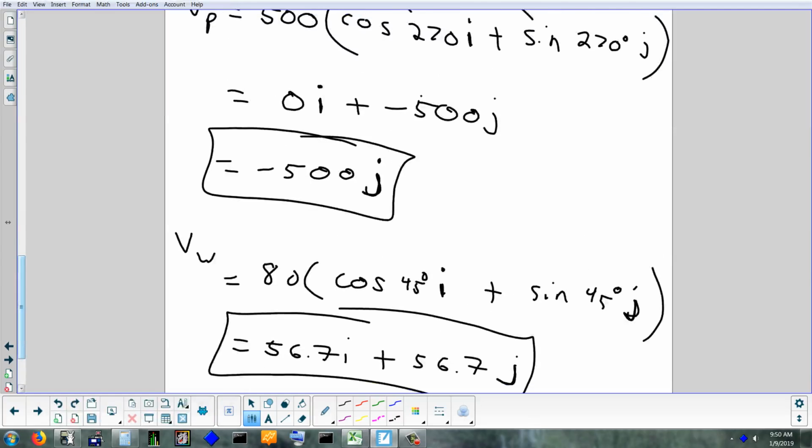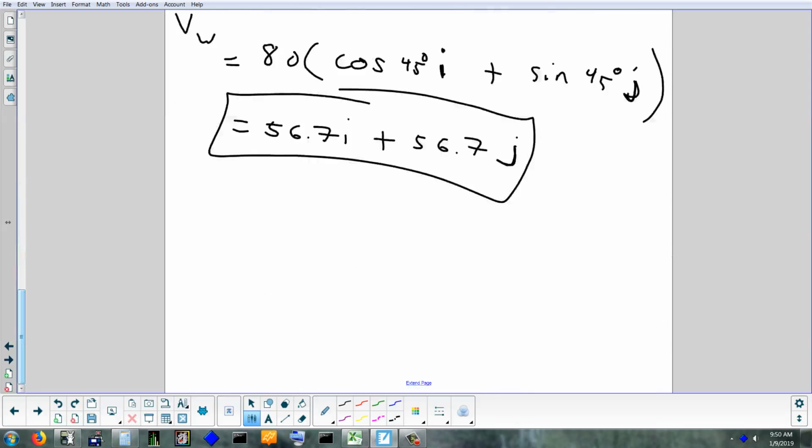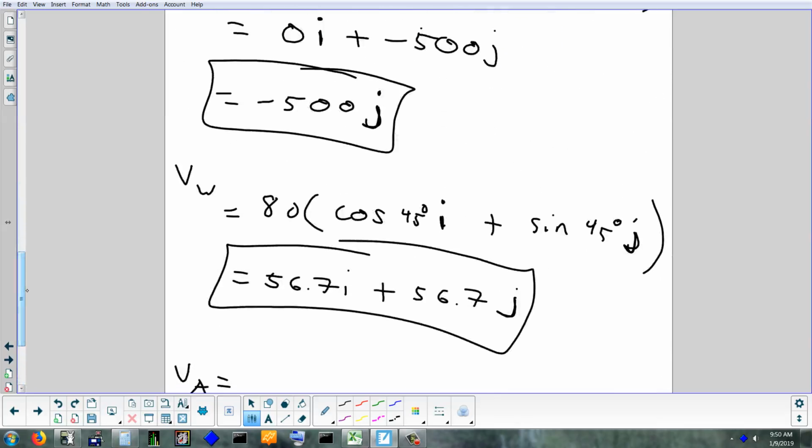How do we get the actual vector? What do we have to do with the plane and the wind? Combine them. Combine the plane and the wind together. So when I combine them, does the plane have an i component to combine with the i of the wind? 0.